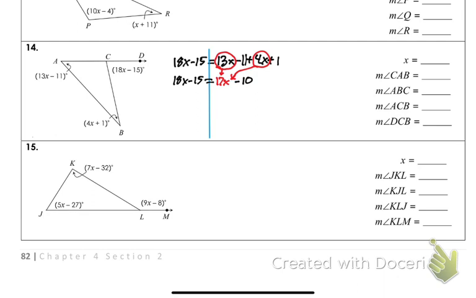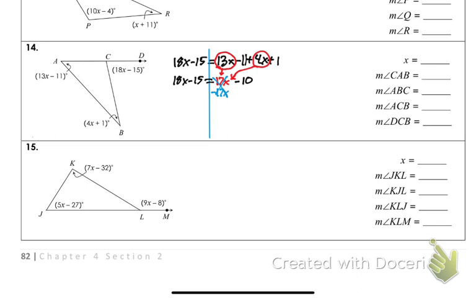Now, before you do anything else, everything's simplified. We need to get every single x on one side. So I'm going to hold on to this 18x. I'm going to leave that here. But I don't want the 17x over here. How do I get rid of a positive 17x? We're going to do a negative 17x. And we're going to be careful because 17x minus 17x cancels out.